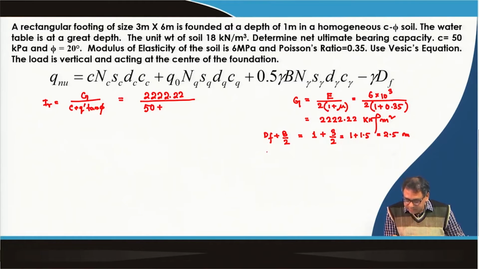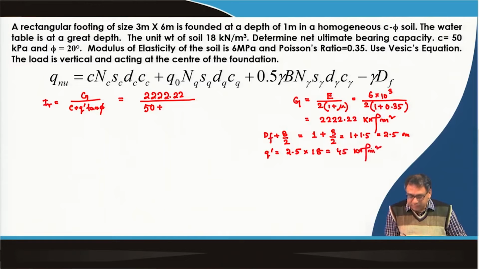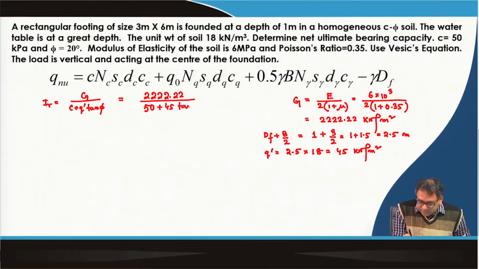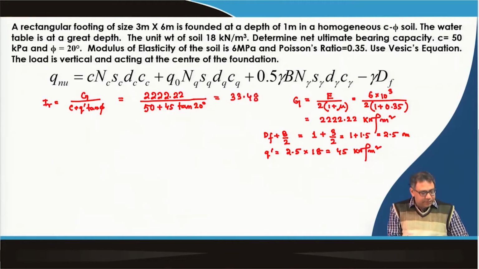So, here q dash will be 2.5 into 18, which is 45 kilonewton per meter square. So, 45 into tan 20 degree. This value is coming out to be 33.48.